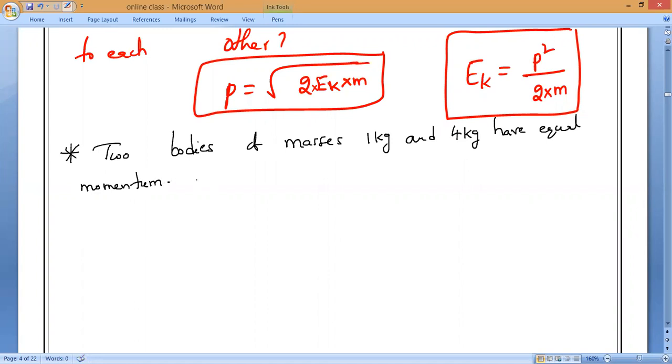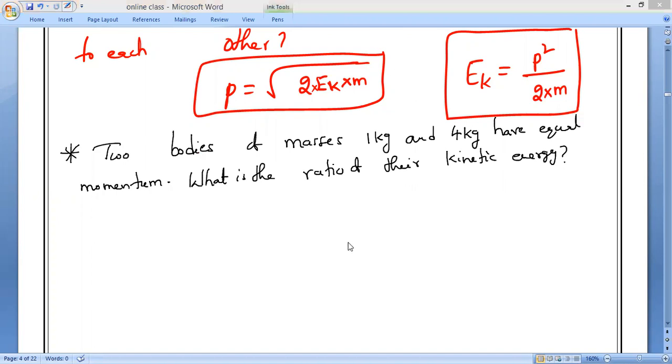What is the ratio of their kinetic energy? Let me see who will find it. First, think and solve. Unless you think, you cannot.